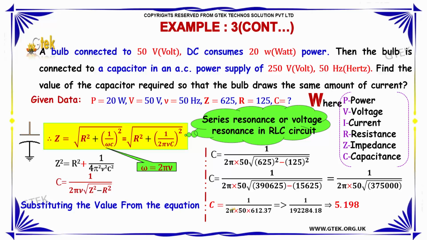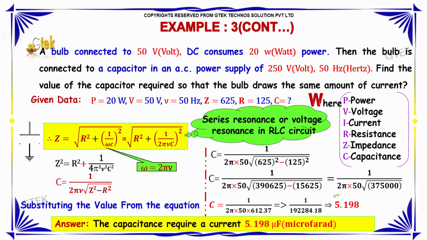Solving this, you get C is equal to 1 divided by 1922 and the answer is 5.198. So we got the answer as the capacitance required is 5.198 microfarad.